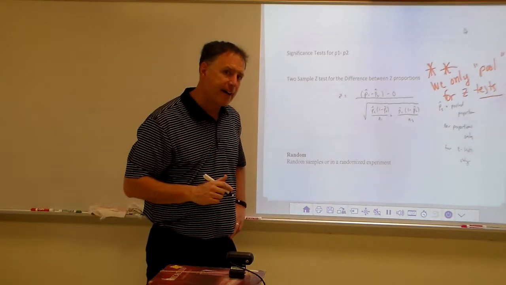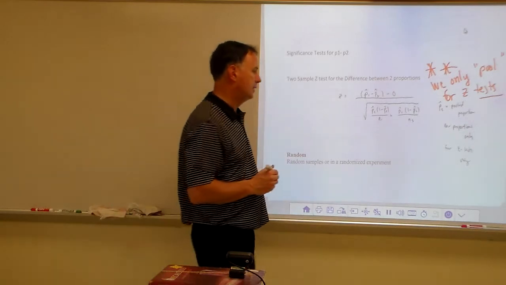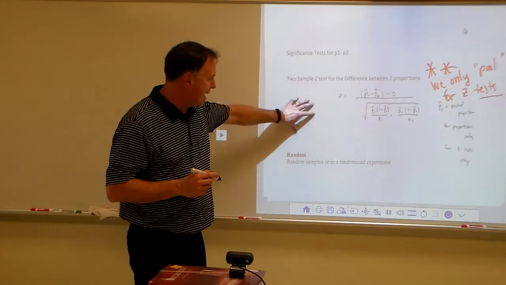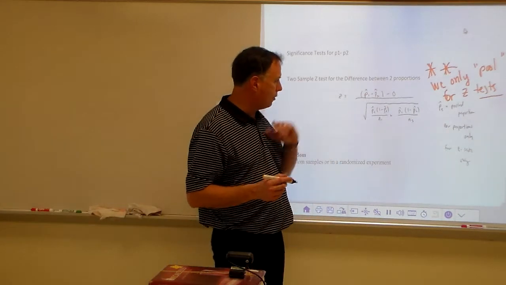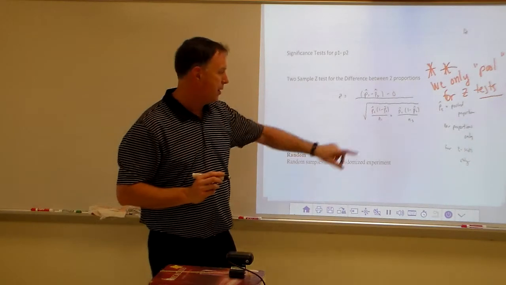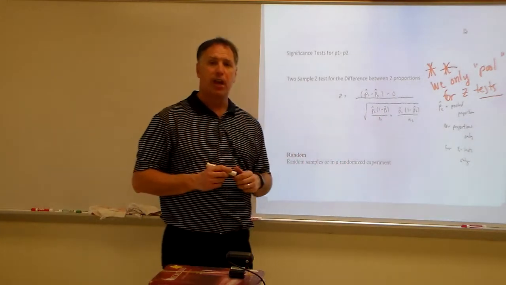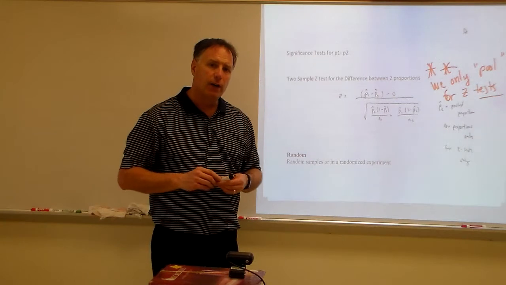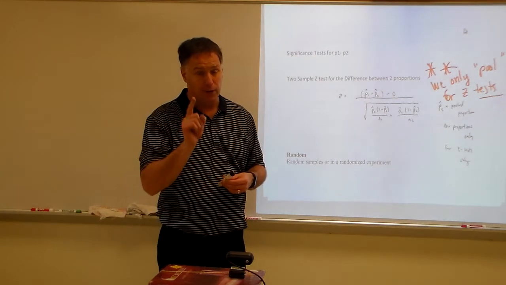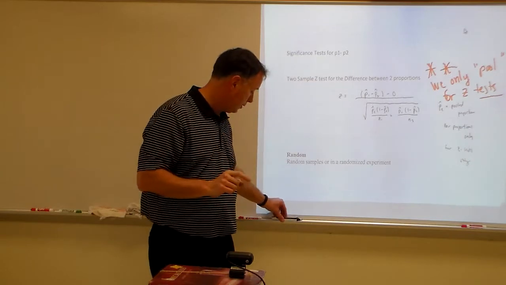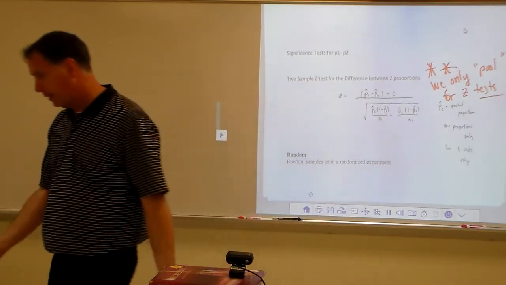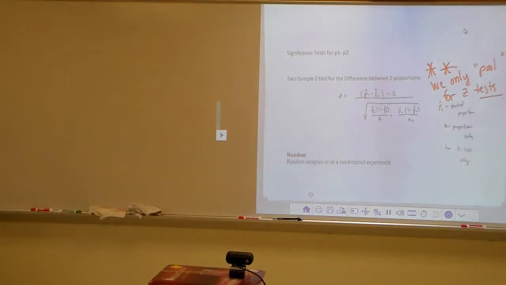I'm going to show you how to find that. We have an example coming up right after this, but this is the formula that you use. You need to use your pooled proportion for your standard deviation, and you also need it in your conditions when you're checking for the normal condition. Really, really important. Whether it'll be in the actual test, I don't know, but I know it's really important.